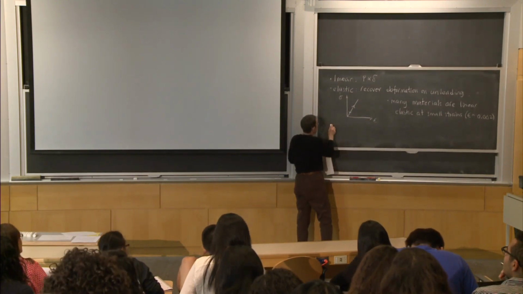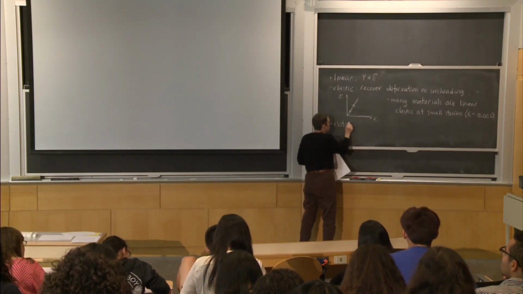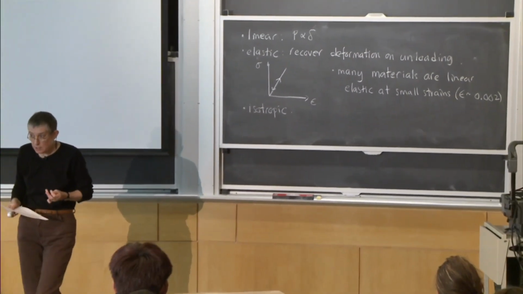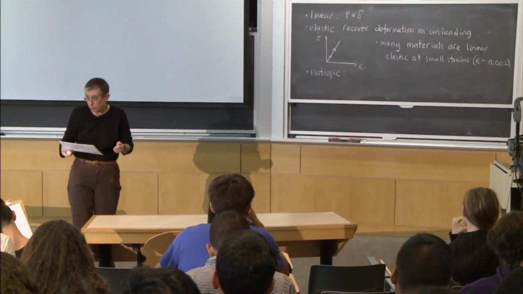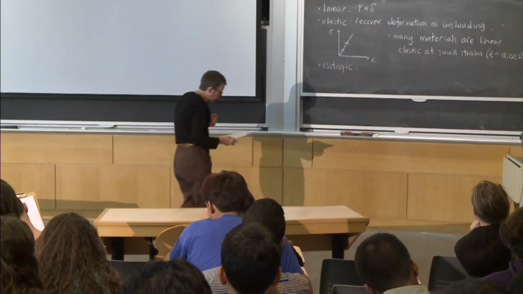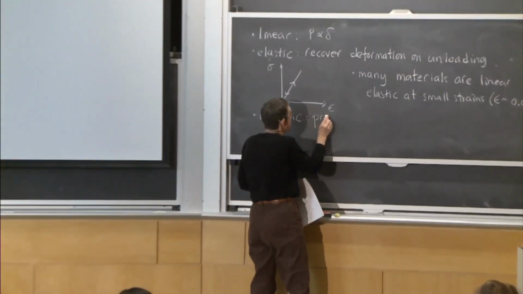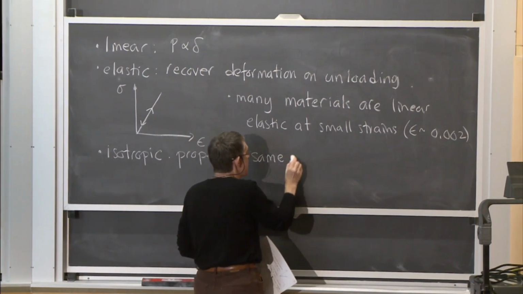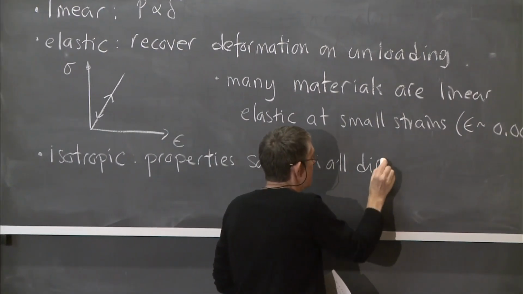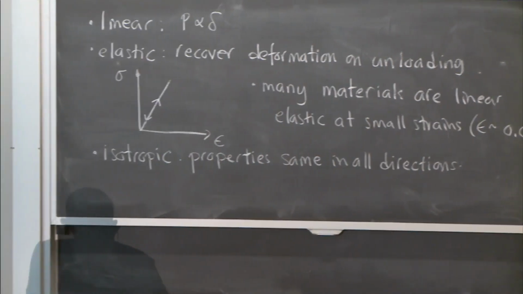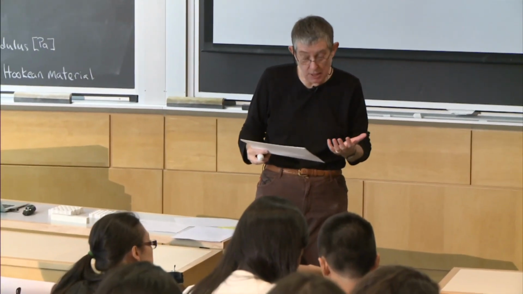So that's linear elastic. We also said this was for an isotropic material. And isotropic means that the properties of the material are the same regardless of what direction you pull on it. So if I pull it this way or I pull it that way, the properties are the same. So the properties are the same in all directions. So an example of a material that's isotropic is one that has a random structure. If it's random, there's no preferred orientation, and the properties are going to be the same in every direction.